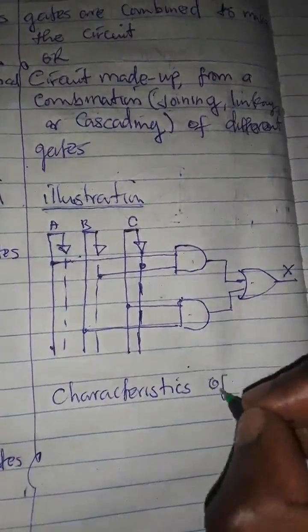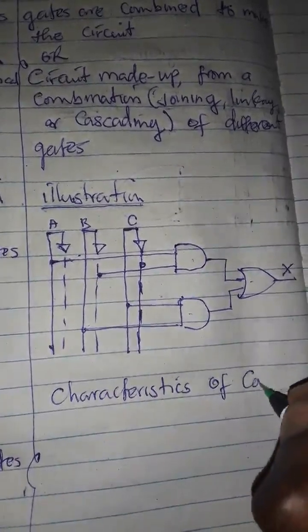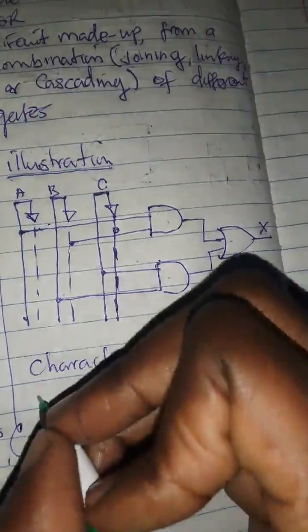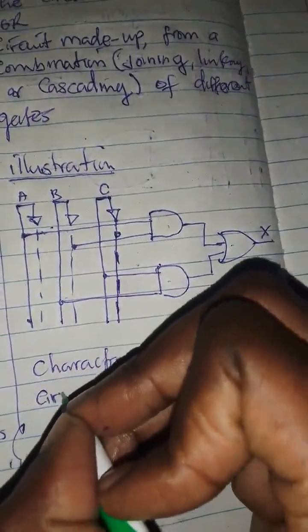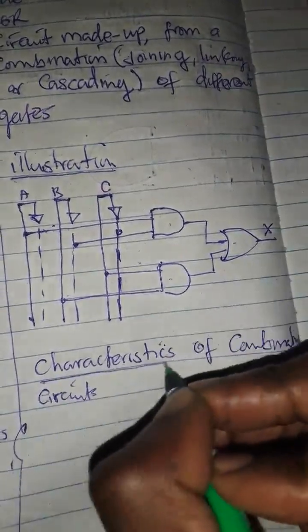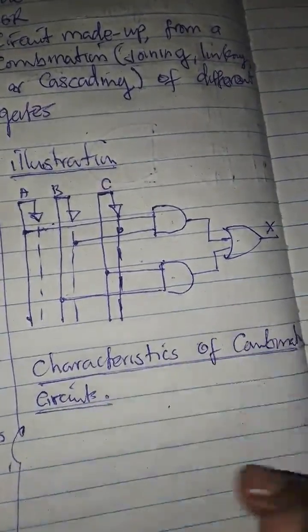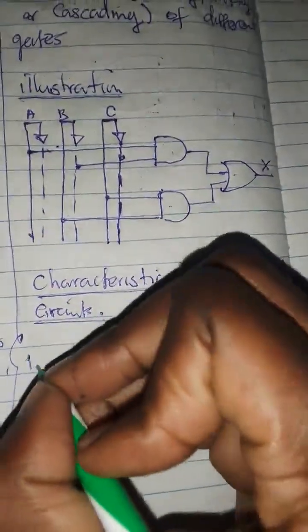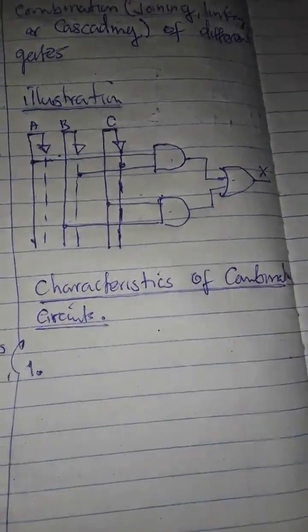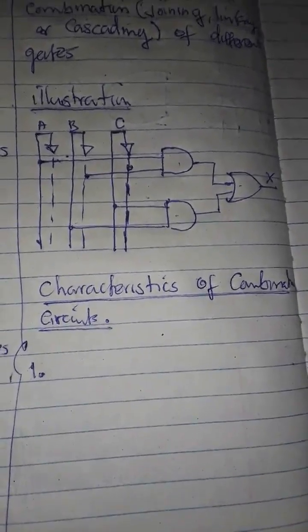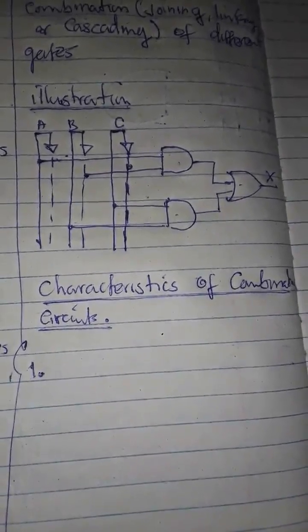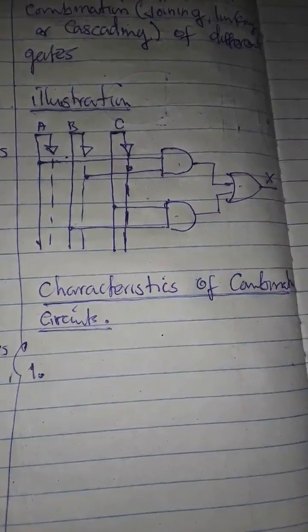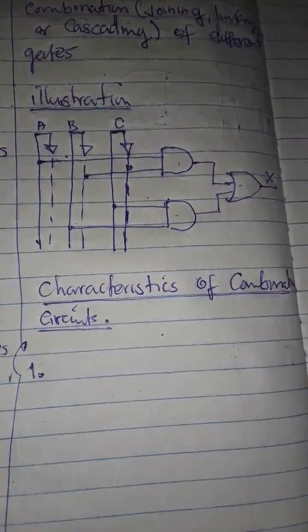If you want to identify a combinational circuit out of all different circuits like counters, registers, and sequential circuits, what characteristics do you use to identify it?